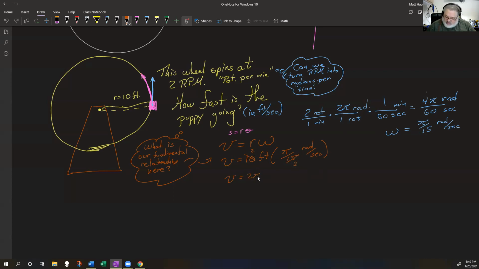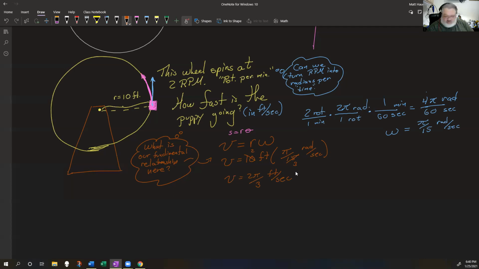So how about 2 pi thirds feet per second? So a little more than 2 feet per second.